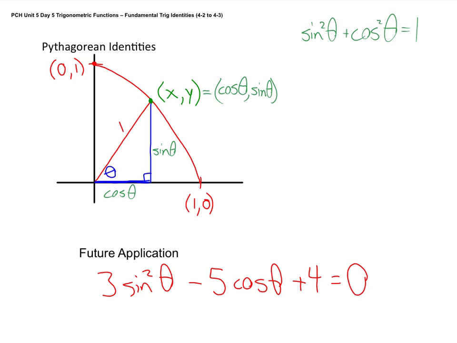Think about 30 degrees. Or let's do radians, pi over 6. Sine of pi over 6 squared plus cosine of pi over 6 squared. What's sine of pi over 6?